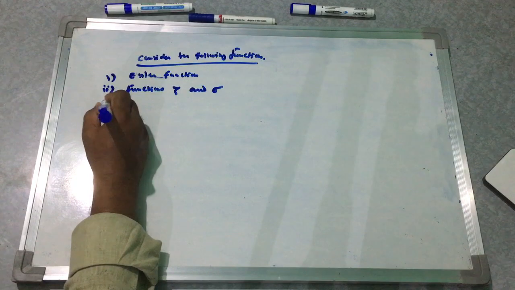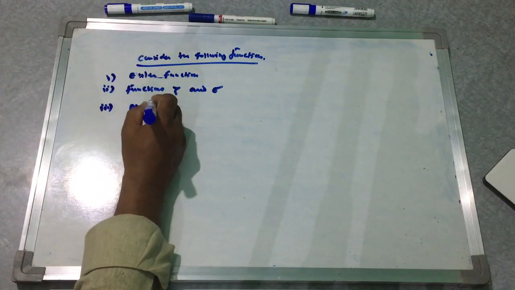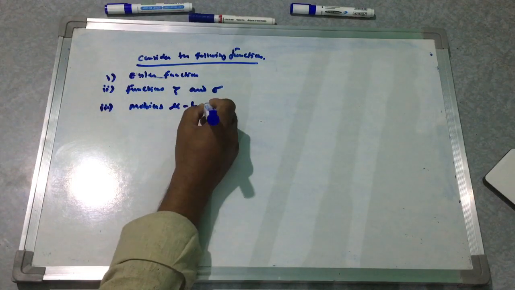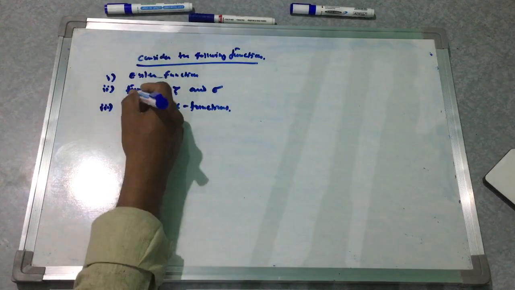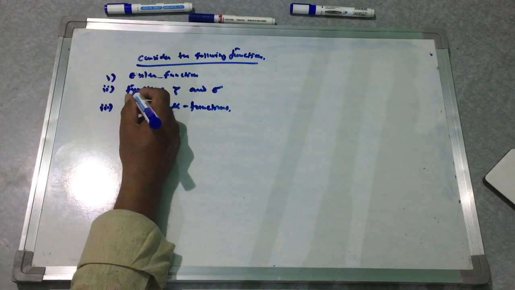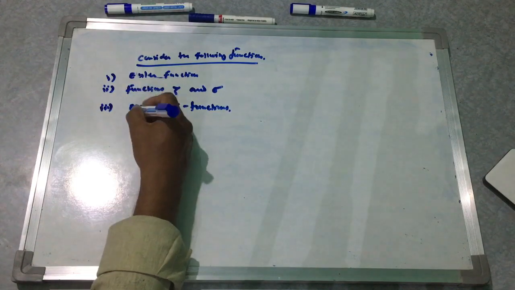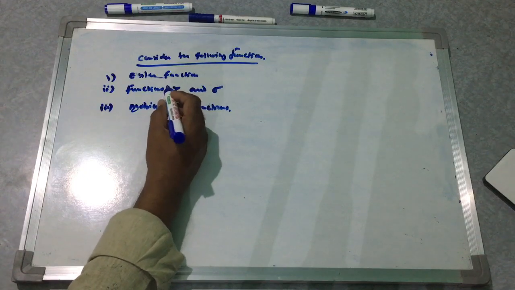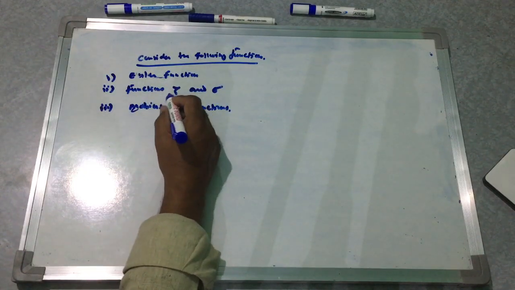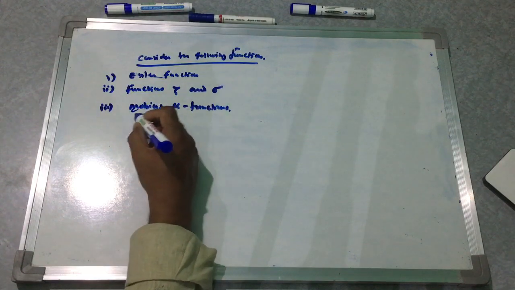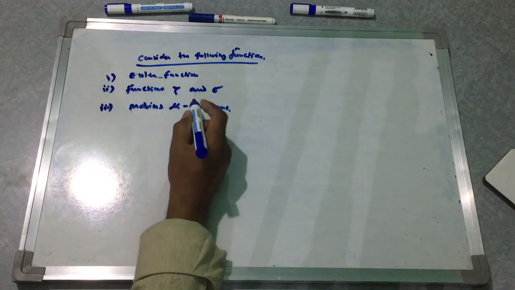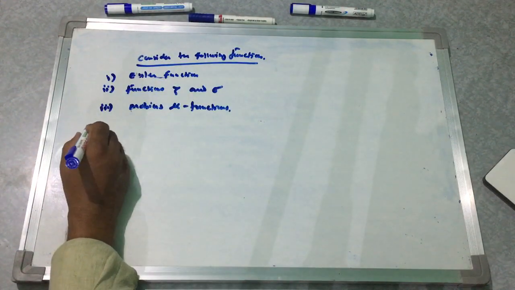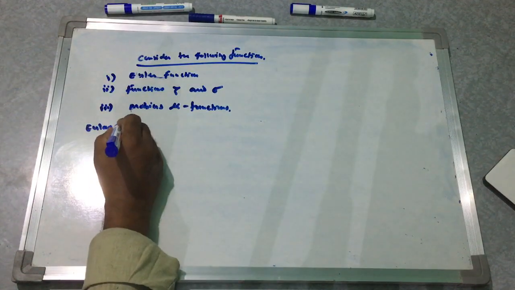Number three, the Mobius mu function. All these three are arithmetic functions. We study some of the specific arithmetic functions which are useful in number theory, mainly the Euler function, these two functions, and the Mobius mu function. So we will look here, this is the Euler function.